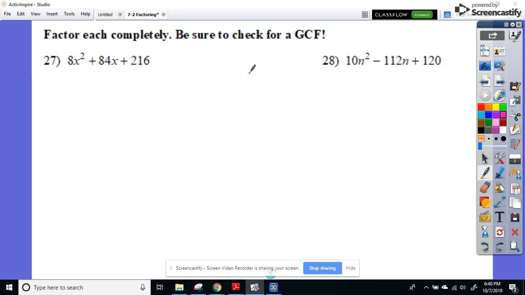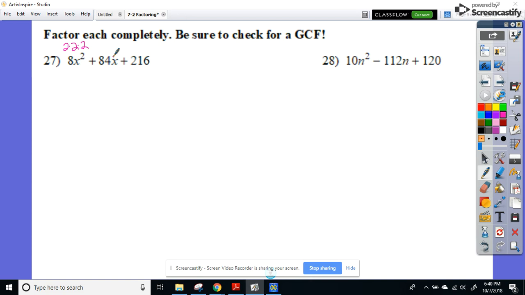Okay, I guess we've just got more problems. Let's see. Check for a GCF. We have, oh goodness, 2 times 2 times 2, that's 8, and 84. That's a big number. I'm doing 84 divided by 8 to see if that's a GCF.